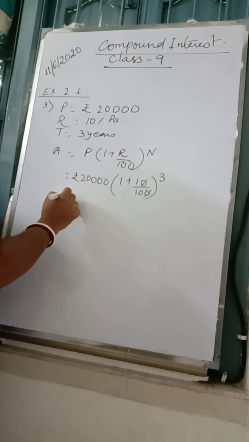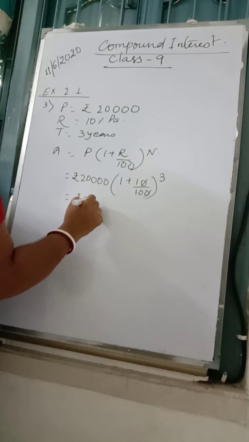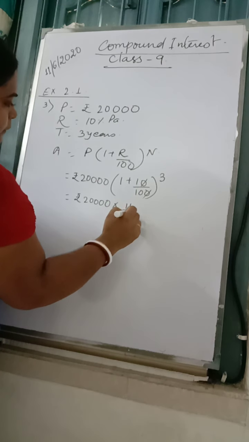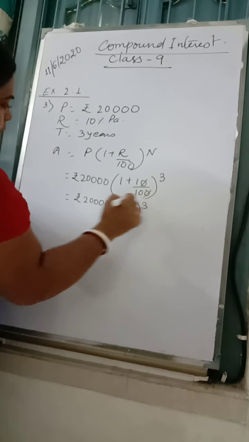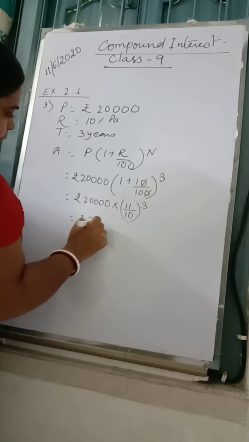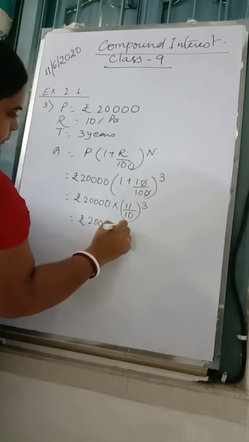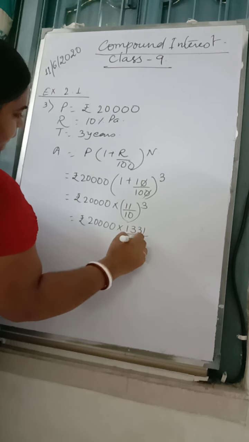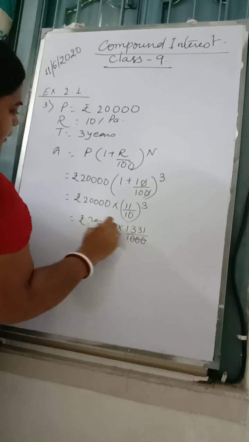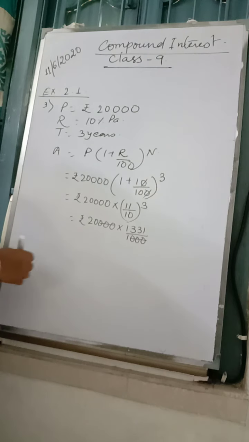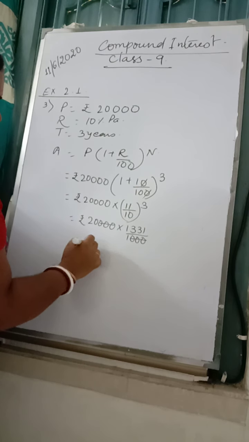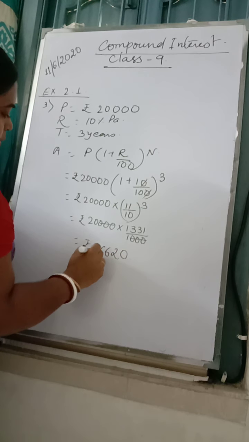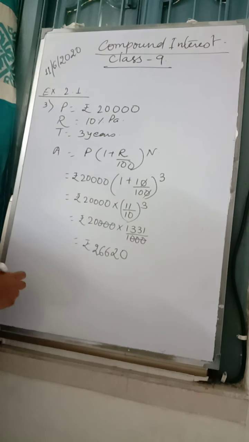These zeros are cancelled, or this gives you rupees 20,000 into (11 by 10) whole cube, or rupees 20,000 into 1331 by 1000 we can write. This is cancelled. Now it gives you rupees 2 ones are 2, 2 threes are 6, 2 threes are 6, 26,620.